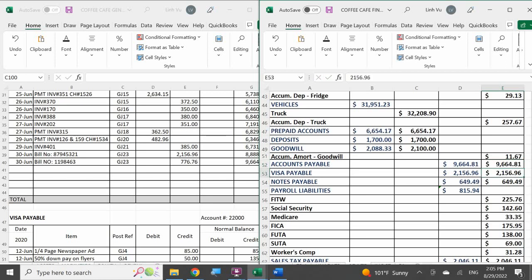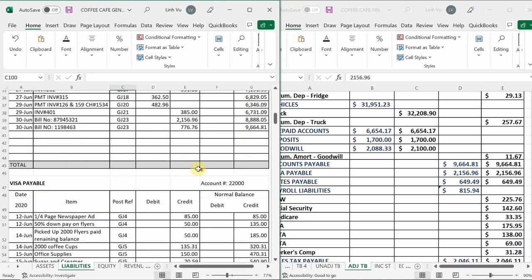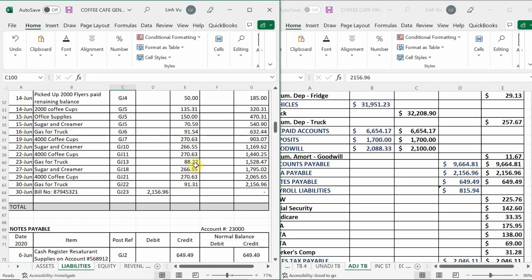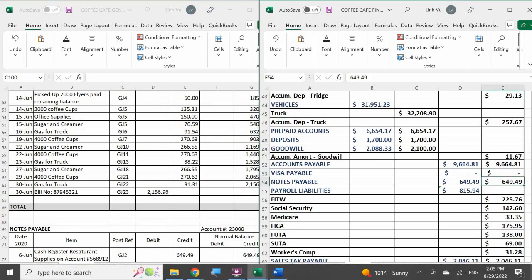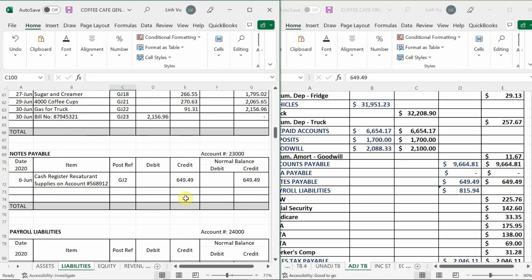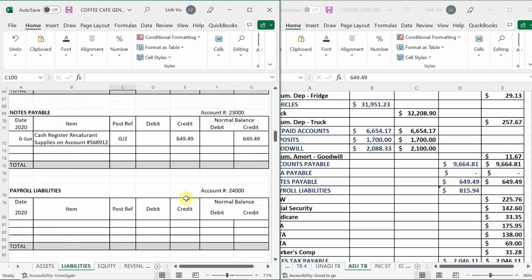Okay. My Visa payable, right? Because I received a bill, I should be at 0. So in this case, that's fine. You can leave it there. I'm just going to put 0 there. My notes payable is still the same at $649.49, so that didn't change.